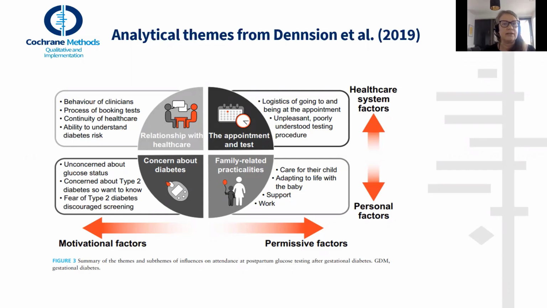Each of those analytical themes has relevant codes and descriptive themes feeding into them, and they're organised according to what kind of factors will support women to go for screening after gestational diabetes, and the ones that work against that happening.